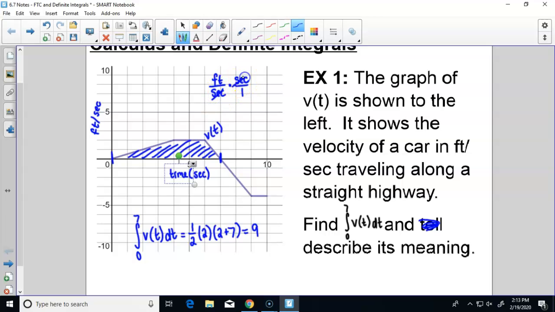And seconds would cancel out, so my answer would just be 9 feet. Okay, so what does this mean as far as the car goes? Probably shouldn't say car, since it has in fact only traveled 9 feet in 7 seconds. It is a very, very slow car. Probably should have said a snail or something.